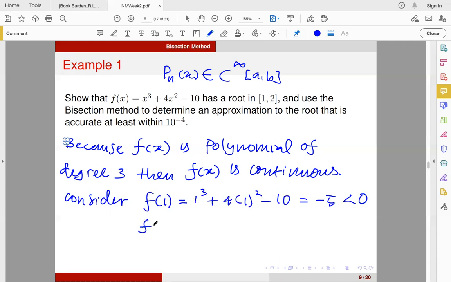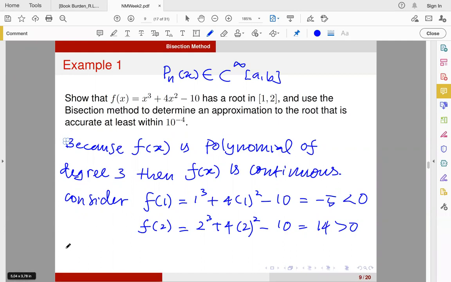And f(2) is 2 cubed plus 4 times 2 squared minus 10. The result is 8 plus 16, that is 24, and 24 minus 10 is 14. It's positive. So f(1) is negative and f(2) is positive, then we have opposite signs.